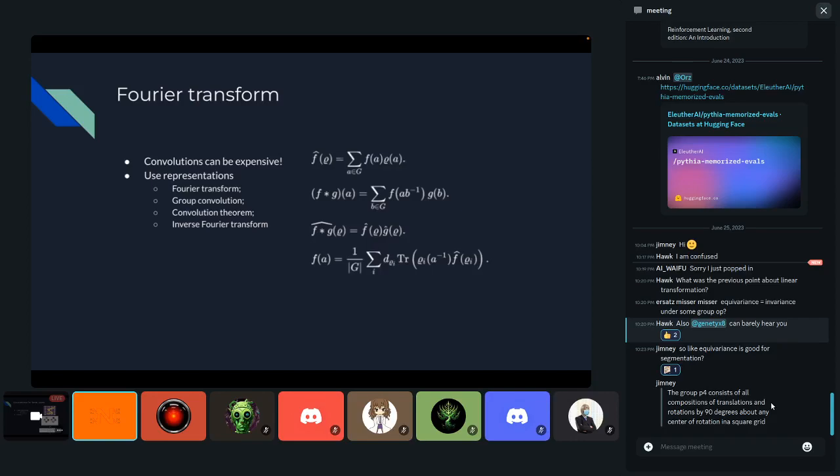So when we have a representation, we can define the Fourier transform of a group. A Fourier transform is taken of some function.